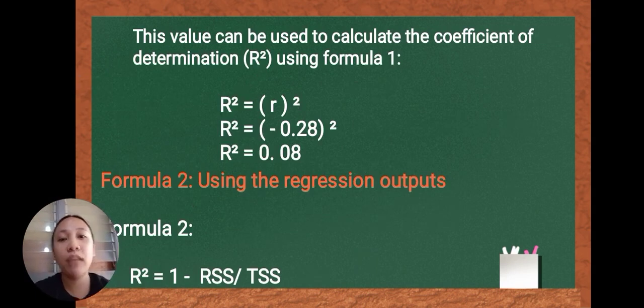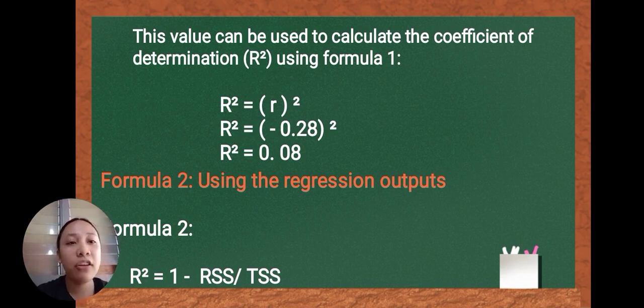This value can be used to calculate the coefficient of determination, R squared, using Formula 1. R squared is equal to R to the power of 2, which is negative 0.28 to the power of 2, which is equal to 0.08.